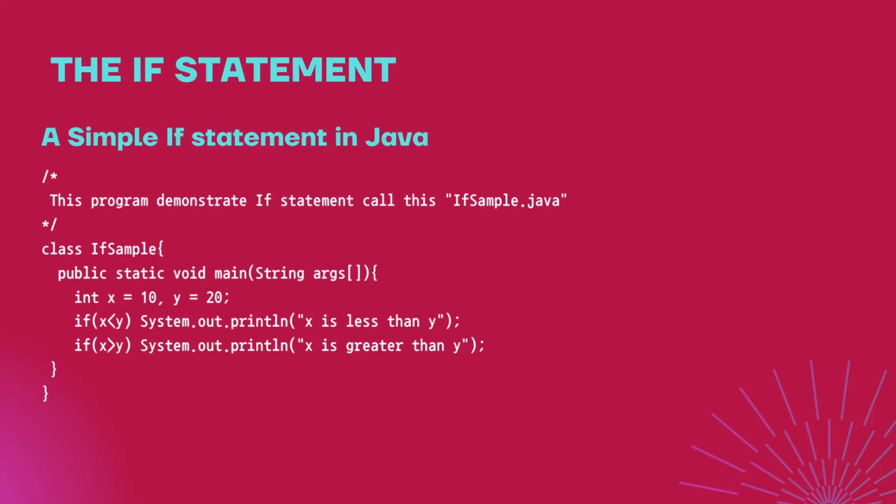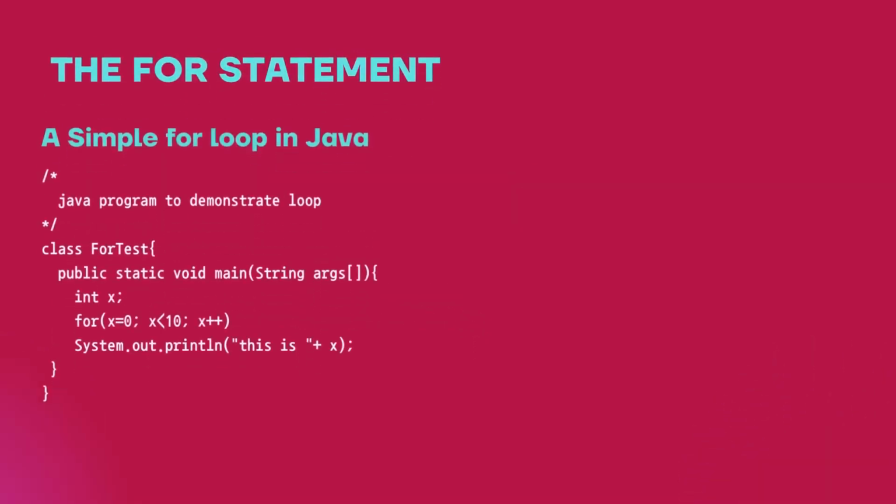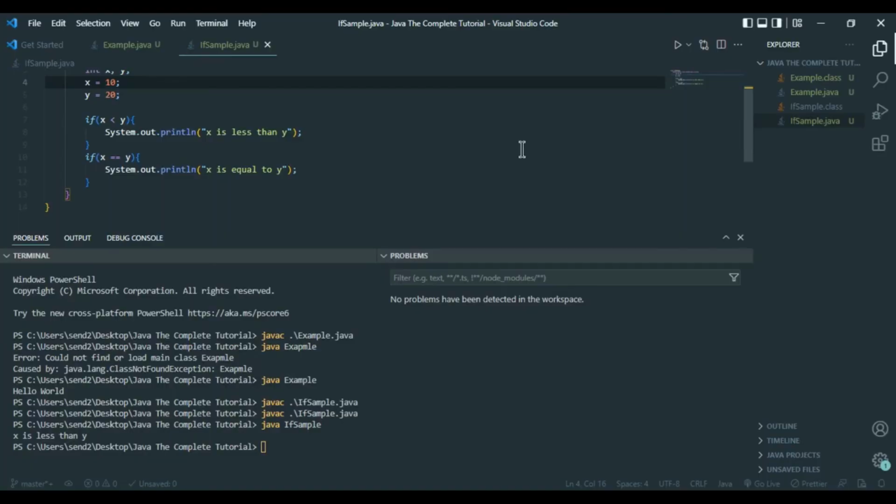Now that we have seen the if statement, let's proceed further to the program for the for statement. As we have successfully run our if statement program, for the for statement we will create another file with the name fortest.java.